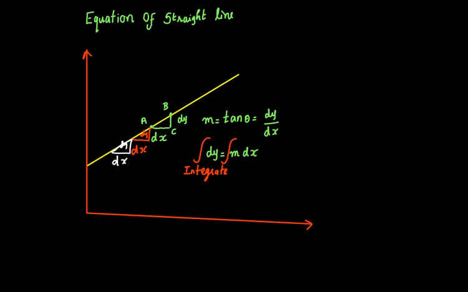So what does the integral of dy represent? It represents the total of the dy's. Adding all the dy's, you get the total y. And what is the integral, the summation, of dx? Of course you are multiplying it with the slope, but the summation of dx alone would indicate the total x.